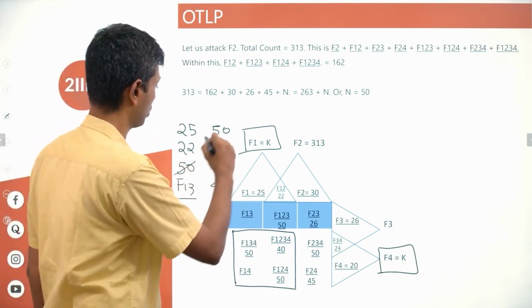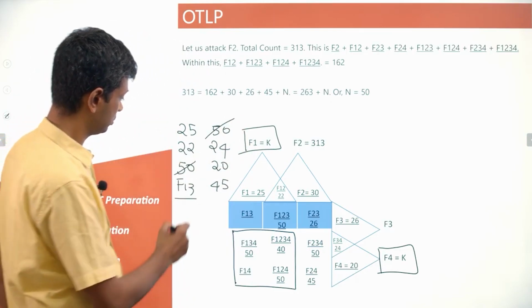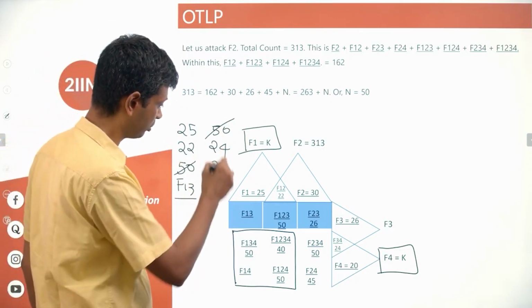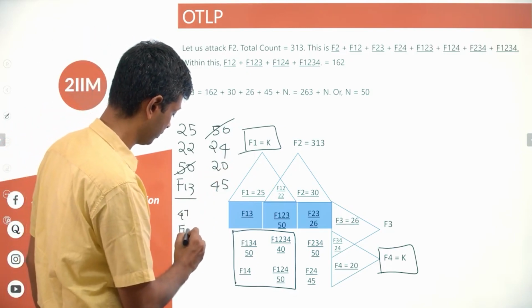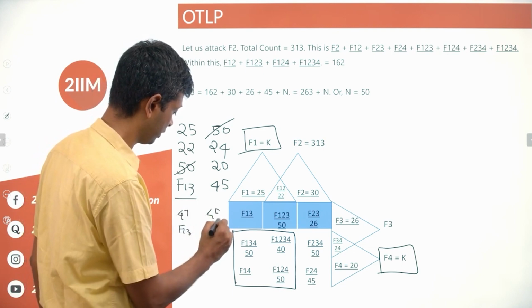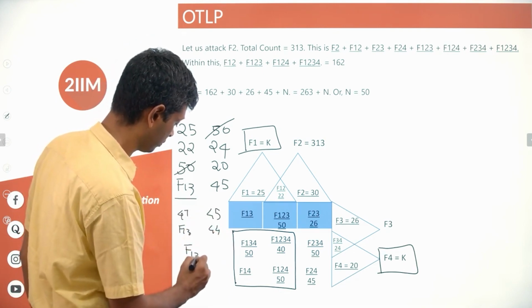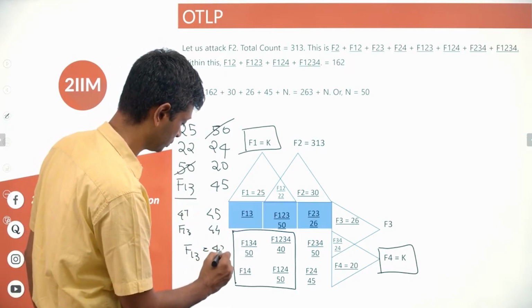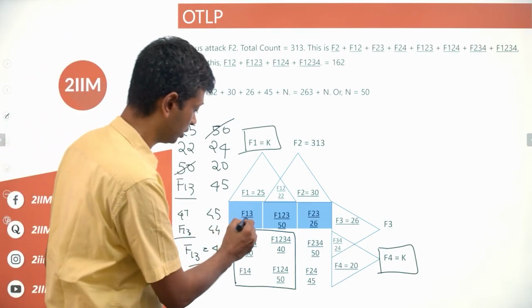This 50 gets knocked off. This is 47 plus F13 is 45 plus 44, or F13 is 42. Remember, this is F13 only. This number is 42.